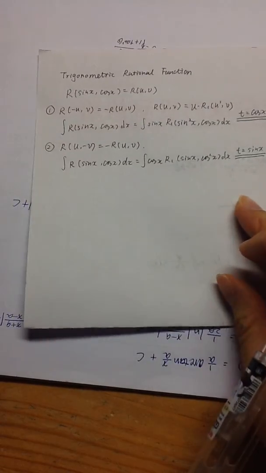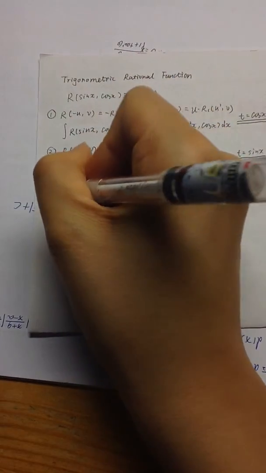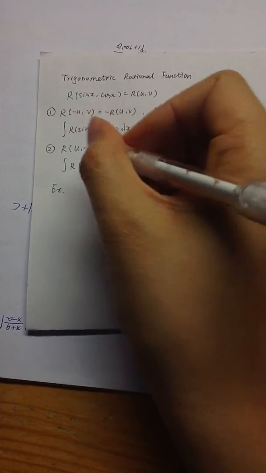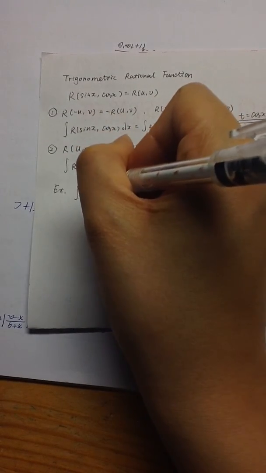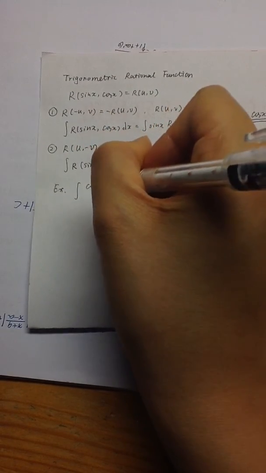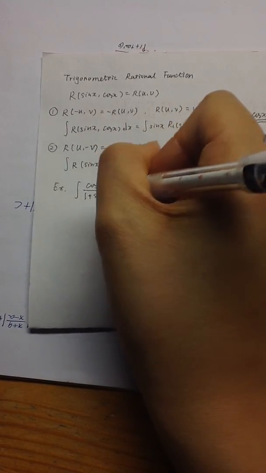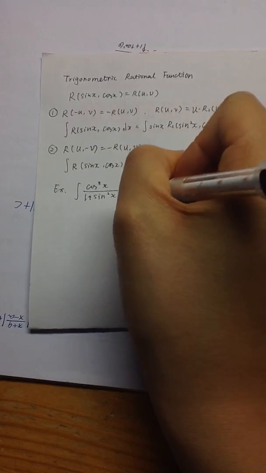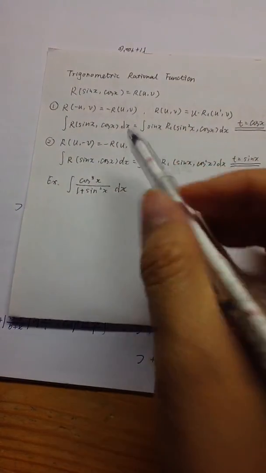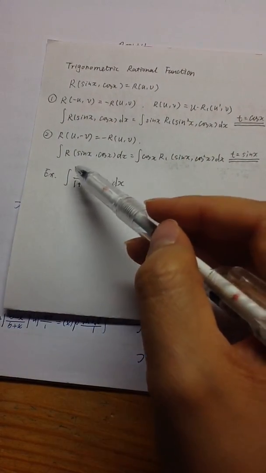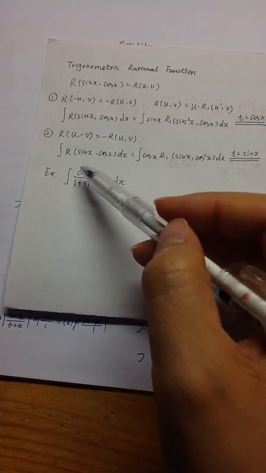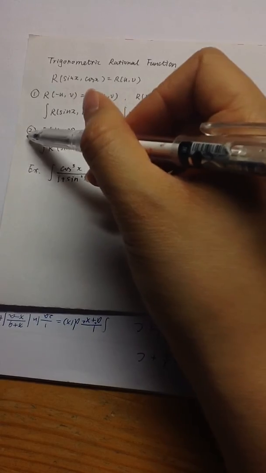Now let's look at an example. Suppose we have an integral calculation like this. You can see that this is an odd function of cosine x, so this is the second case we talked about.